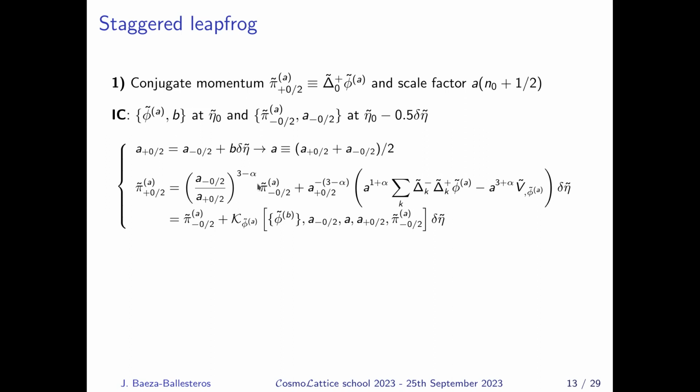And the fact that this first term here contains this prefactor, that is a quotient of the scale factor defined at the initial time and at the final time, means that if you try to rewrite your equation as the initial value of the scale factor plus some kernel times the time step you want to evolve, you will find that this kernel here depends not only on the scalar field and on the scale factor as you would like it to depend, but it also depends on the conjugate momentum itself.